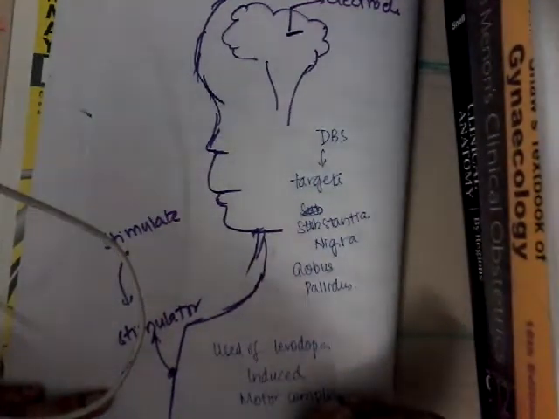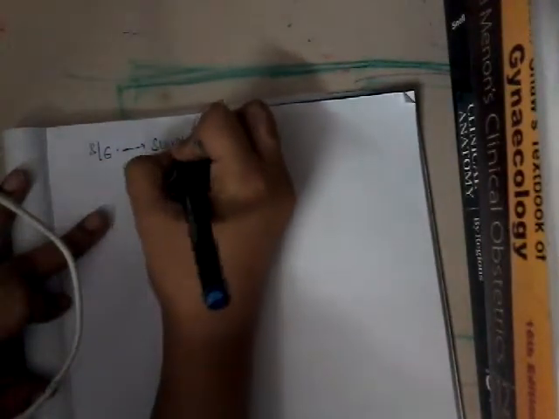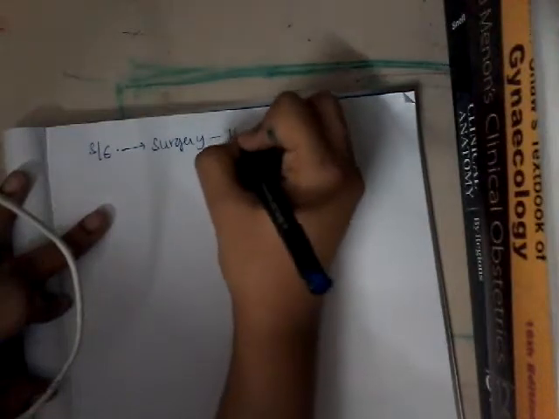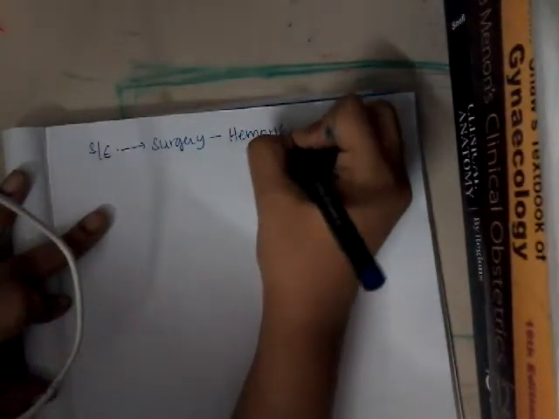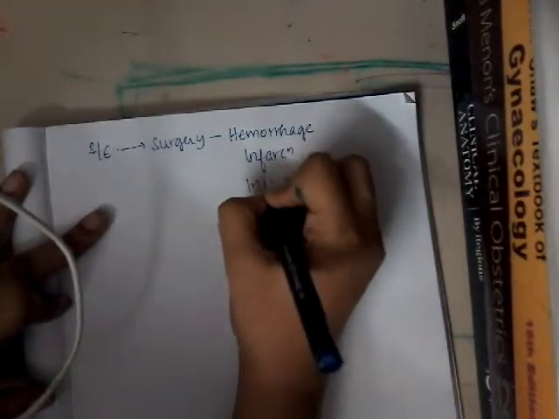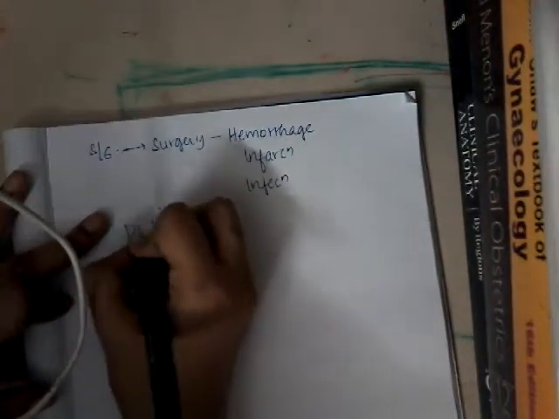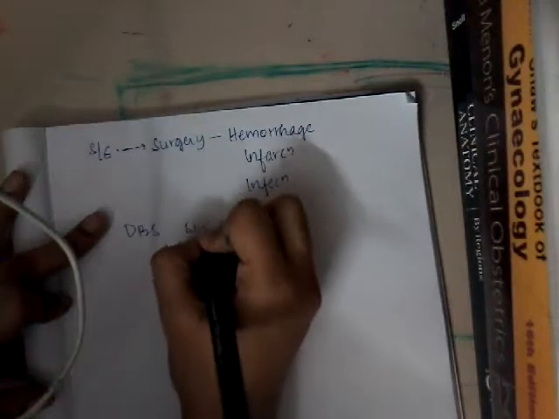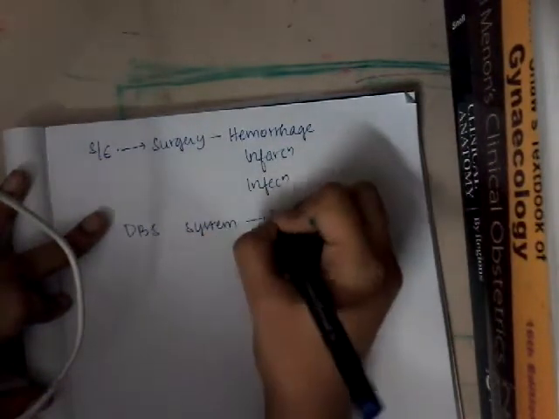Okay. So now, what are the side effects with respect to the surgical procedure? For all surgeries, there are side effects of hemorrhage, infarction and infection. And for the deep brain stimulation system, there is infection.